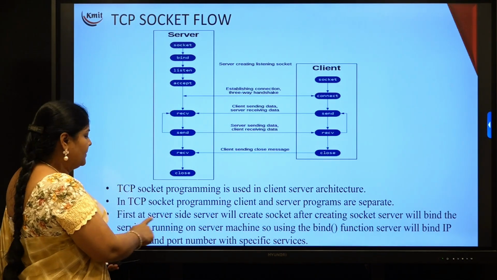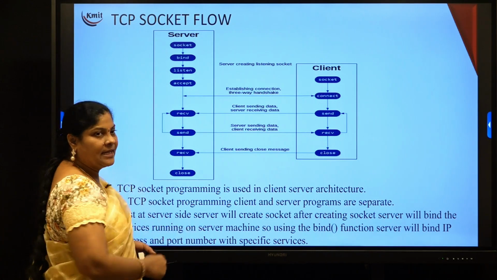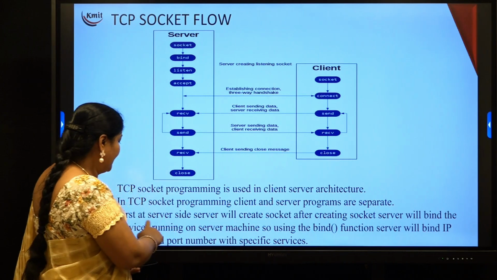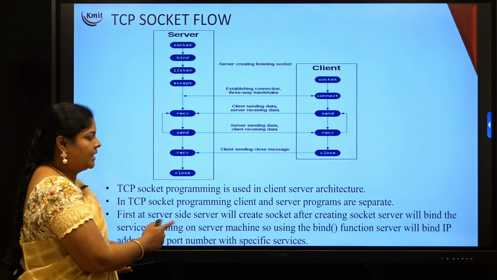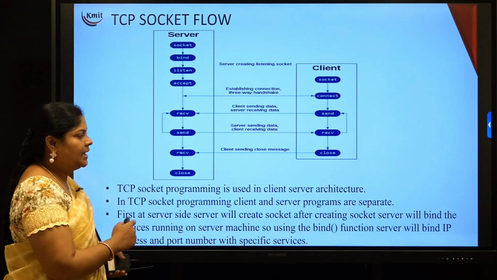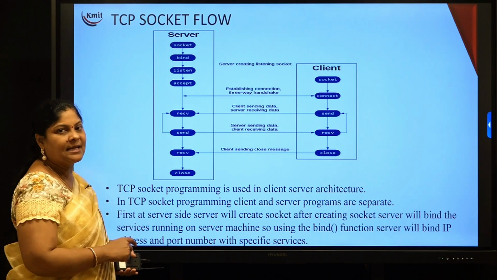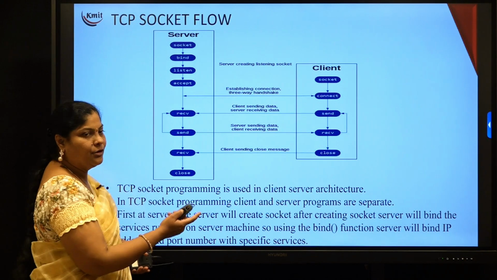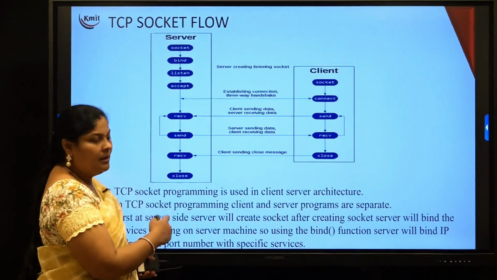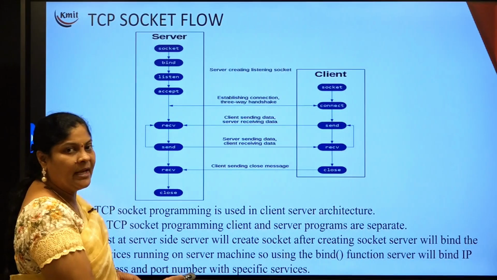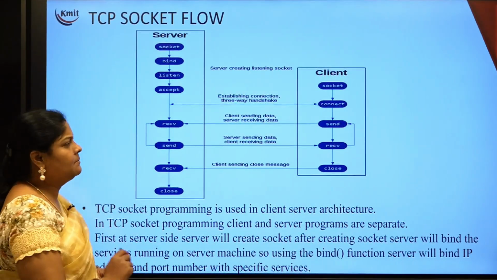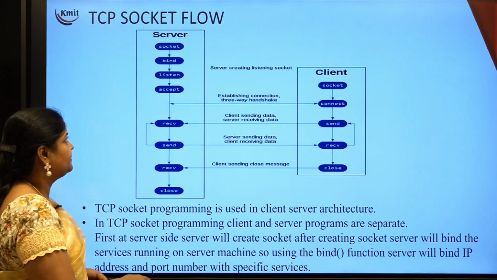First the server side: the server will create a socket using the socket function. After creating it, it will bind. The meaning of the bind function is that it binds the services which are running in the server machine. In order to connect to the client, you have to use the bind function, where the server binds an IP address and port number with some specific services.